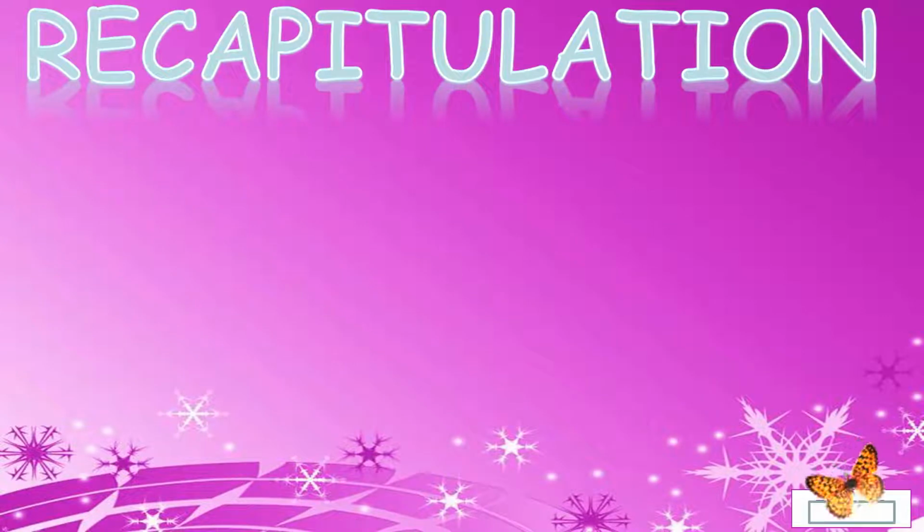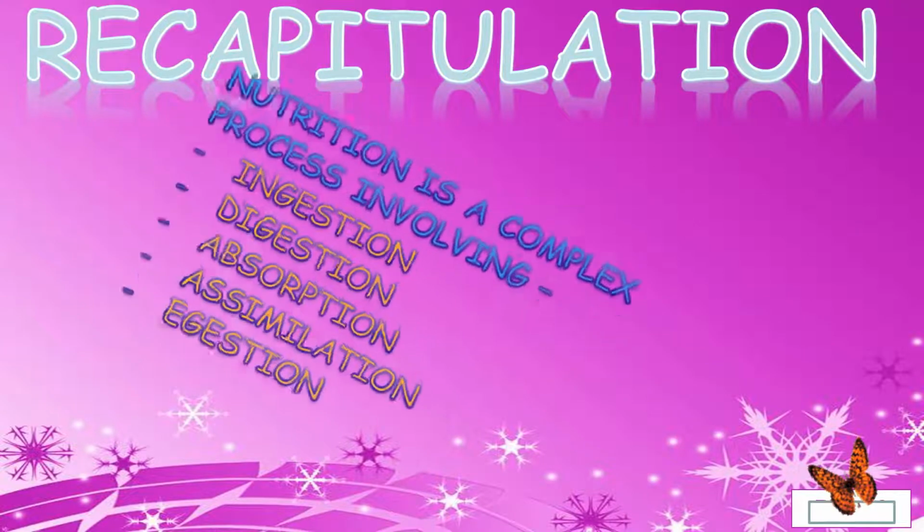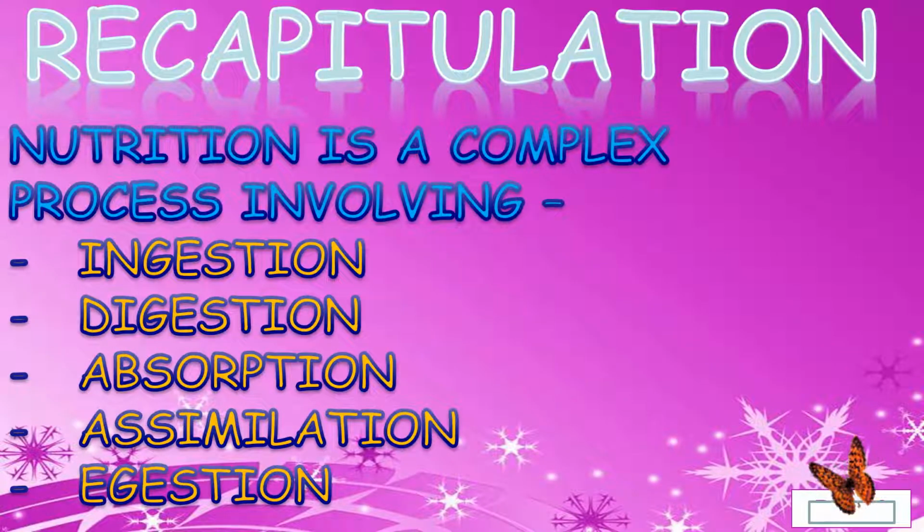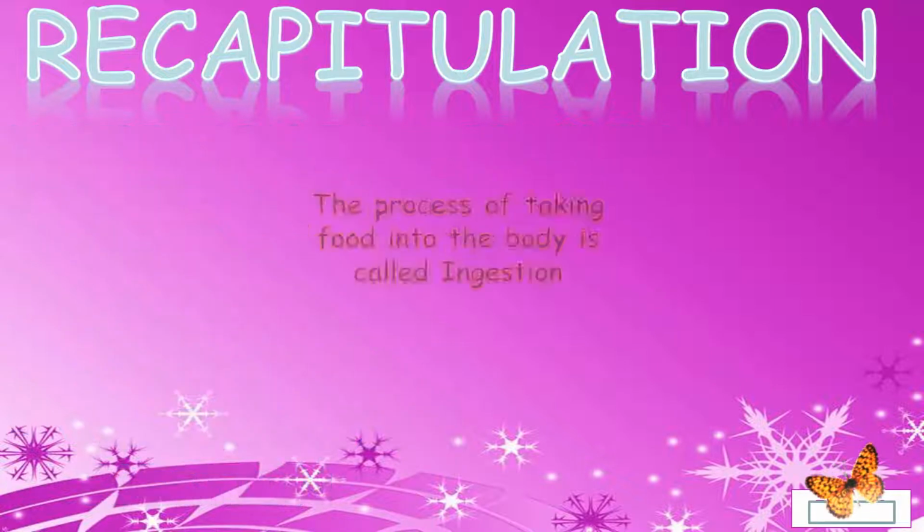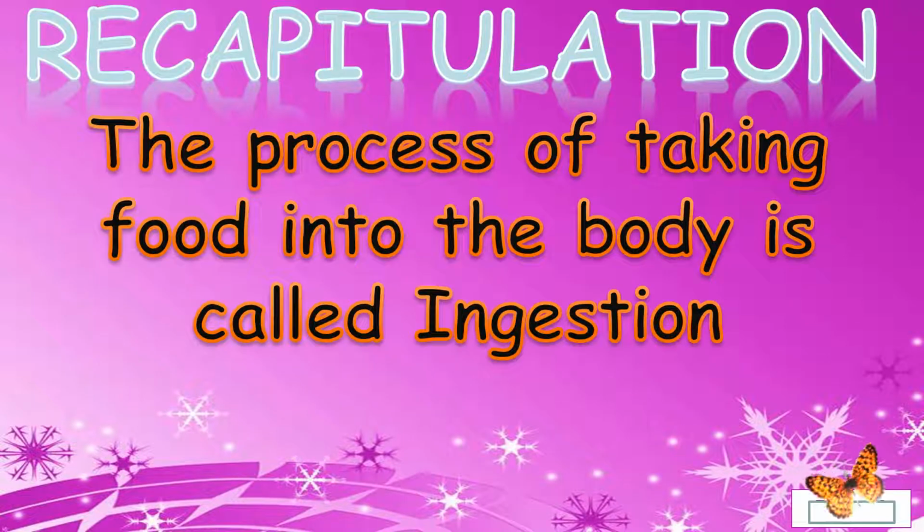Before we start, let us recapitulate key points of previous class. Nutrition is a complex process involving ingestion, digestion, absorption, assimilation, egestion. The process of taking food into the body is called ingestion.